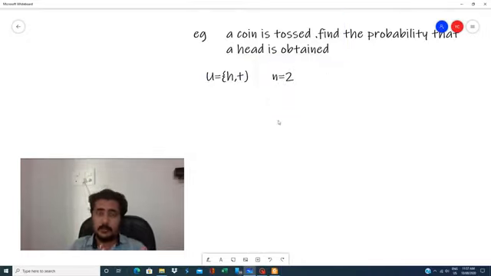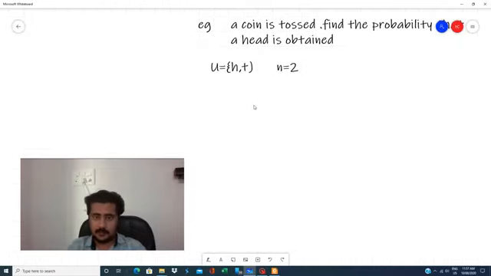As I told you, probability is m upon n. So this is your n, the total number of outcomes in the sample space.